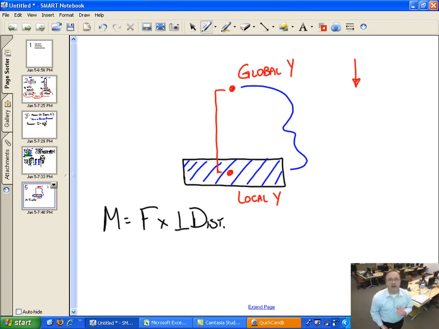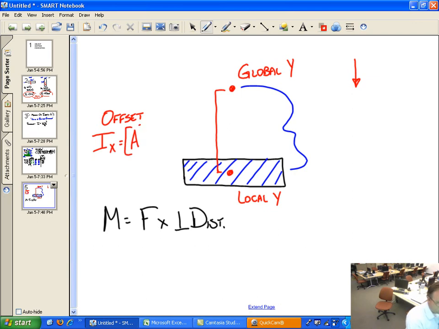There's an offset between the local Y and the global Y that's going to resist this bending also. And this offset contributes Ix equal to the area of the object times Y global minus Y local, this distance squared.